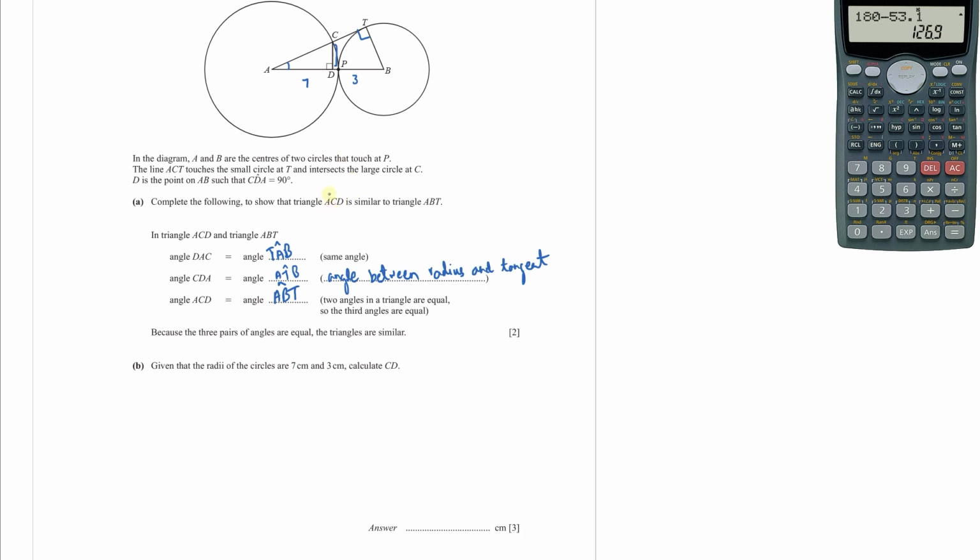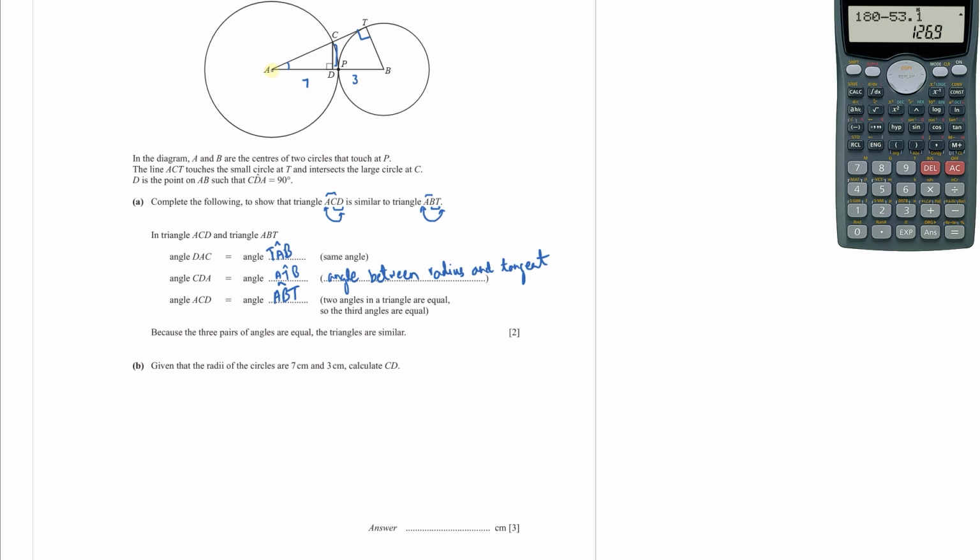So the corresponding side of AC will be AB, and for length CD, the corresponding side in the other triangle will be BT, and then for the length AD, the corresponding side will be AT. So AD and AT are corresponding sides.